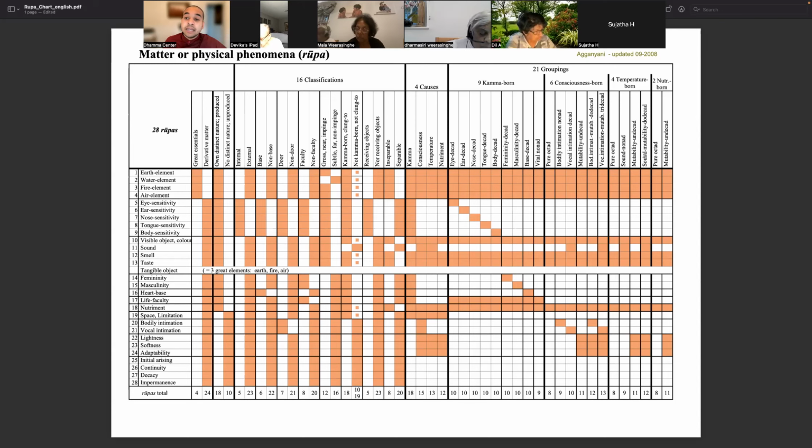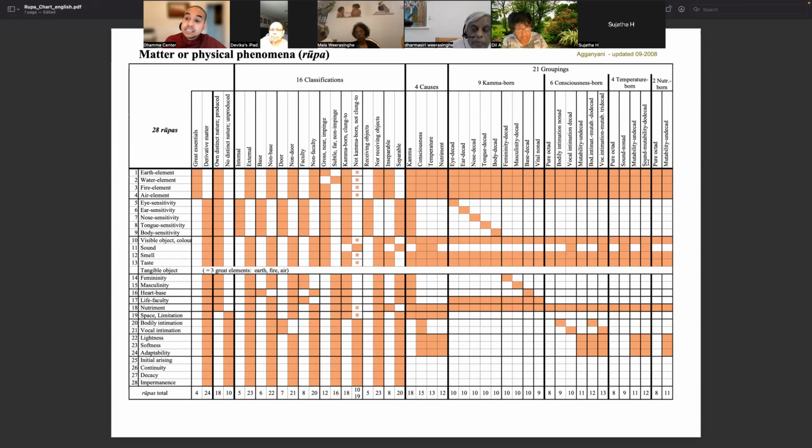It has to be maintained for functions of the body to take place. What does temperature deal with? Utuja deals with a lot of the functions of the body. And what does nutriment deal with? The same: producing those nutriments, allowing the pliable nature of those nutriments. Those also need that mutability here.